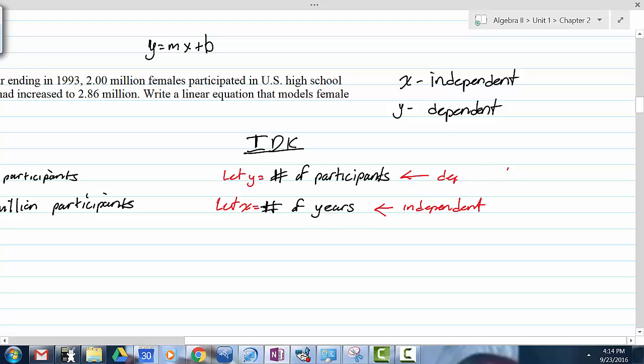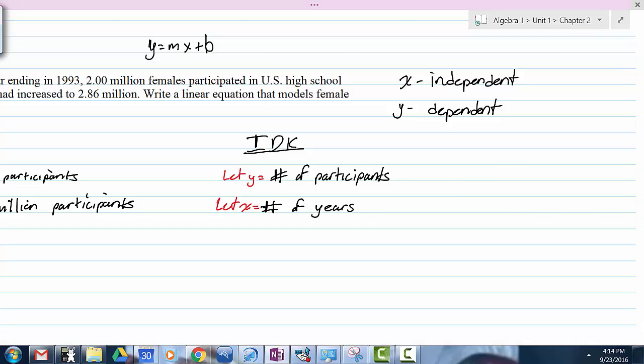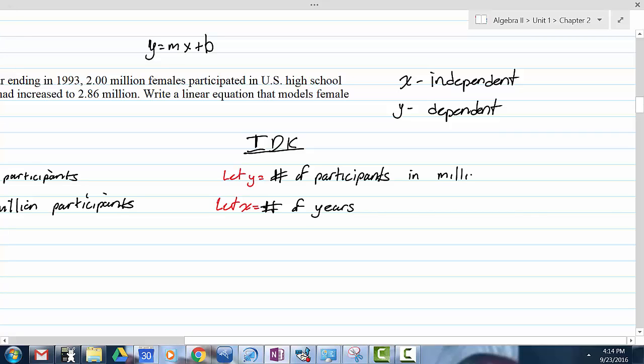Now, what you will notice is that there's a lot of participants in this case. 2 million, 2.86 million, right? So how about we make our equation look a little bit better by doing the number of participants in millions. That way, if there's 2 million participants, then Y would just equal 2, since it's already said that it's in millions.